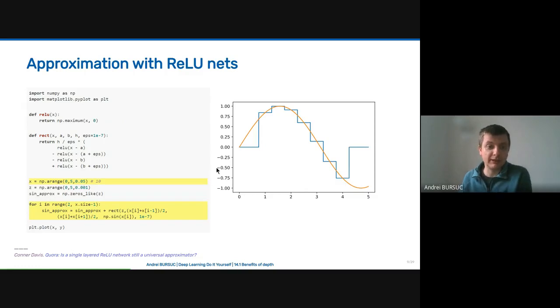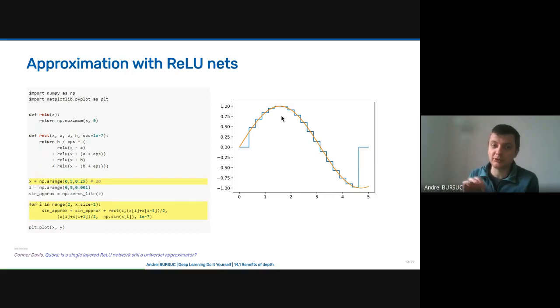I'm defining a target sine function in this interval, and I try to approximate it with 10 rectangles. You can see that I start to follow it, although it's not so accurate. I'm adding 10 more rectangles, and we can see that already I'm doing a reasonably good job approximating this sine function. Remember, I'm using just ReLU units.